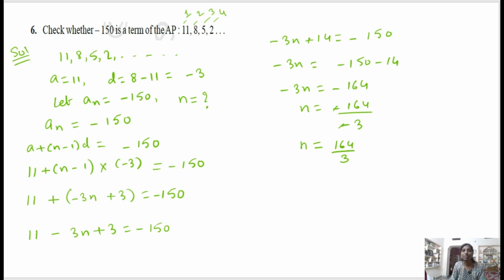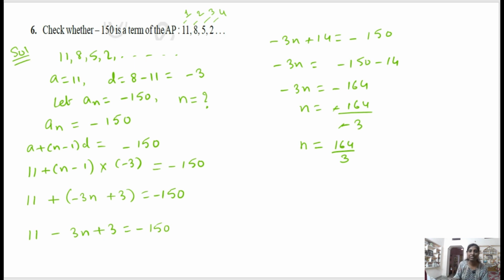It means the value of n should always be a positive integer, a whole number, but here it is a fraction. So n is equal to 164 by 3, which means it is not possible. So we can conclude that minus 150 is not a term of the given AP. Clear? I hope it is clear to all of you.